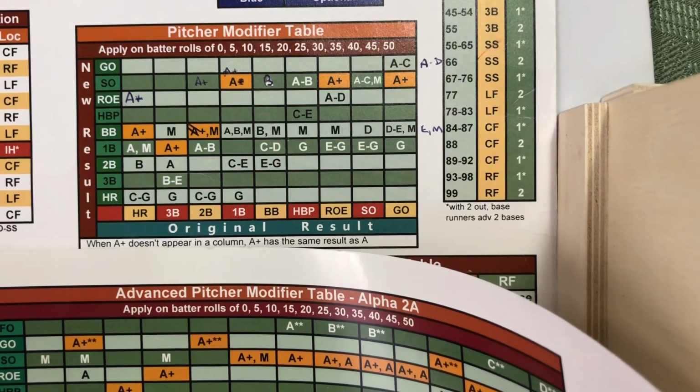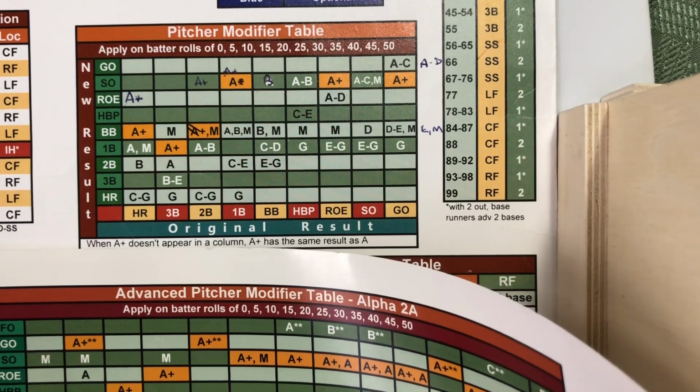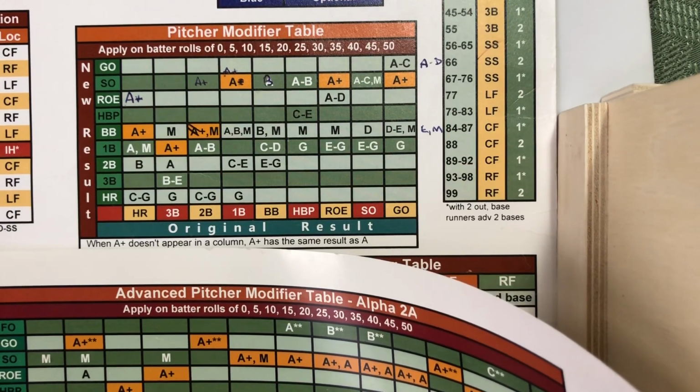The C's are better. G's are still awful, E's are still awful. D's look like they're a little bit better, about the same. C's are definitely better than they were.